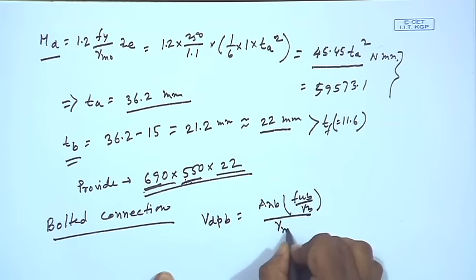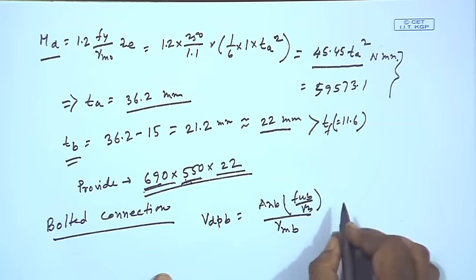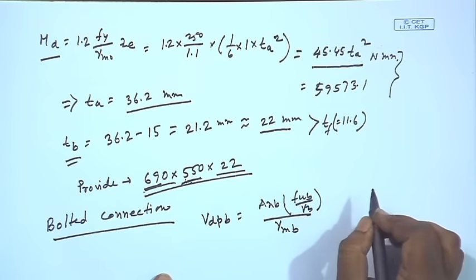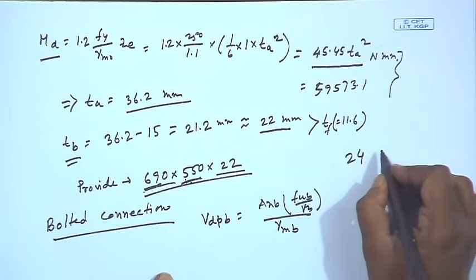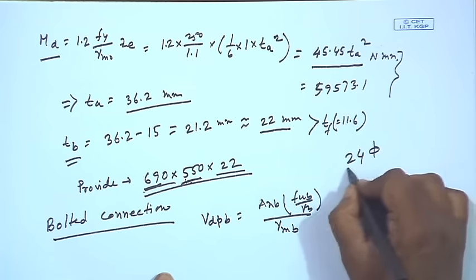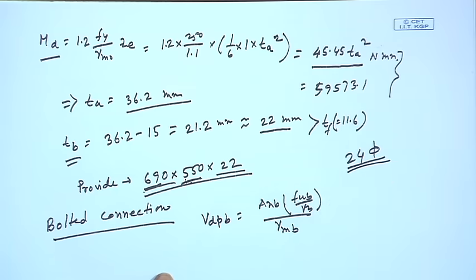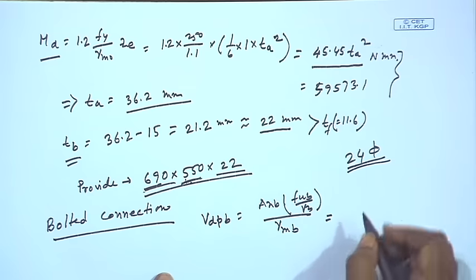by gamma MB, right. Now, if we use, for example, a 24 mm diameter bolt of grade 4.6, assuming 24 mm diameter of bolt, I can find out the value.